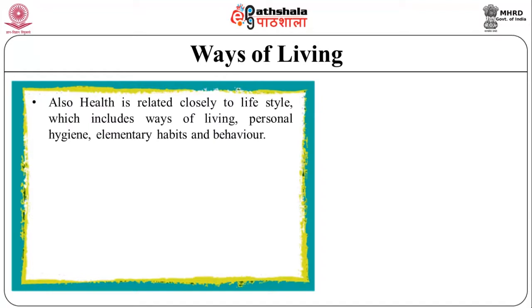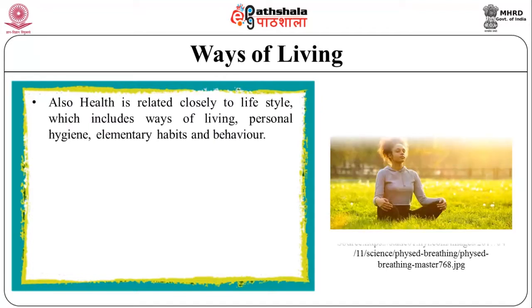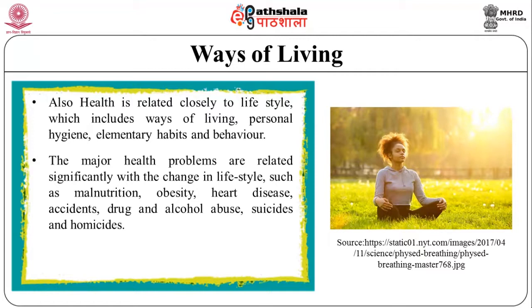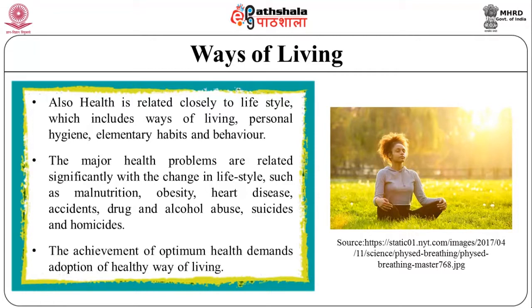Also, health is closely related to lifestyle, which includes ways of living, personal hygiene, alimentary habits, and behavior. The major health problems are related significantly to a change in lifestyle, such as malnutrition, obesity, heart disease, accidents, drug and alcohol abuse, suicides, and homicides. The achievement of optimum health demands adoption of healthy ways of living.